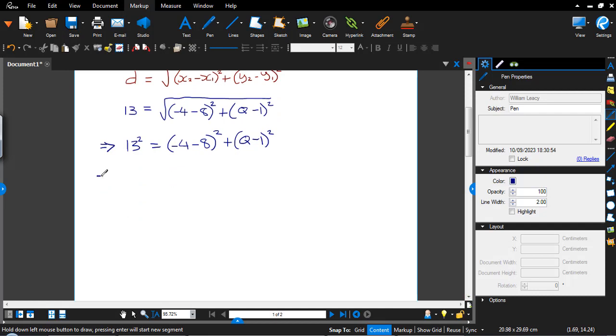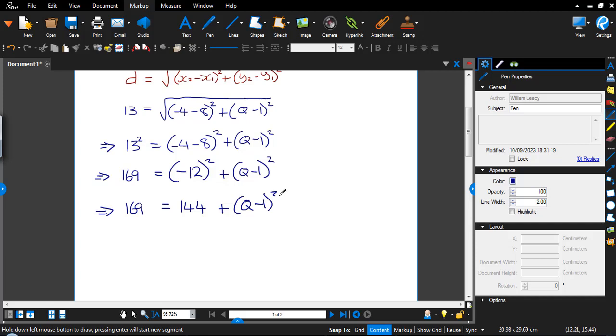Now let's just do out the numbers. 169 equals minus 4 minus 8, which is minus 12, squared, plus q minus 1 squared. That implies 169 equals 144 plus q minus 1 squared.